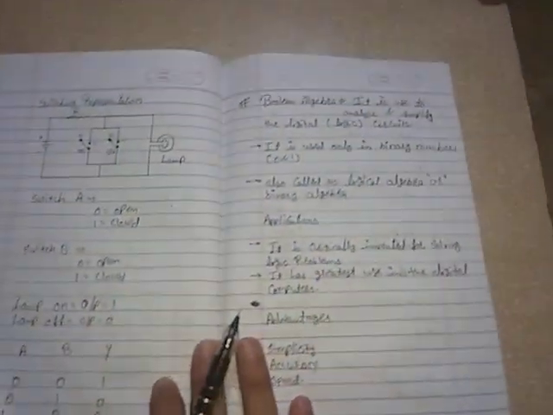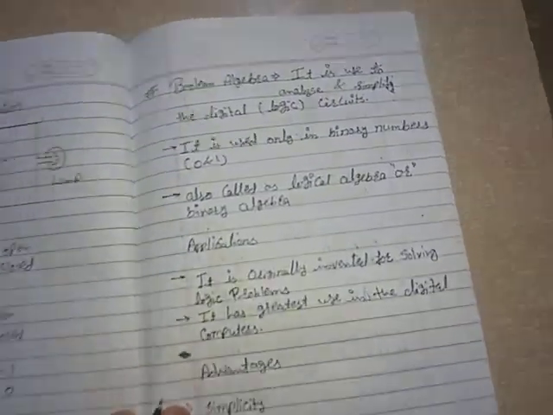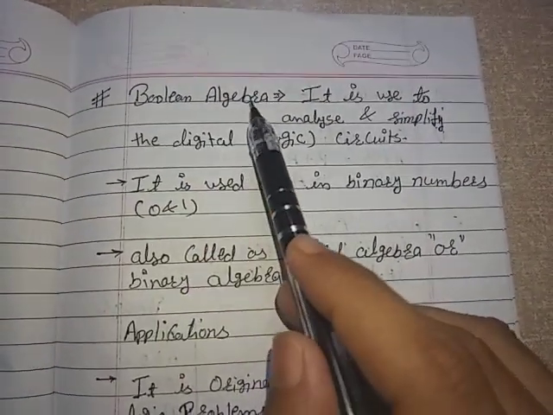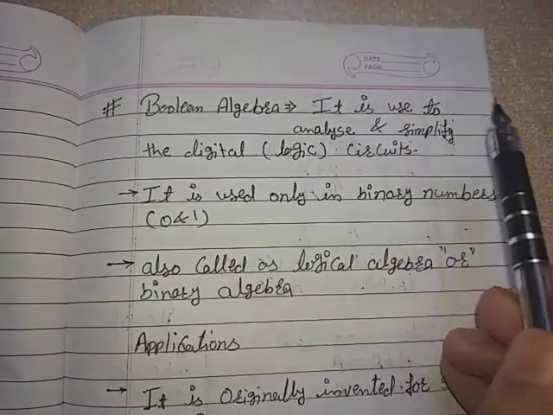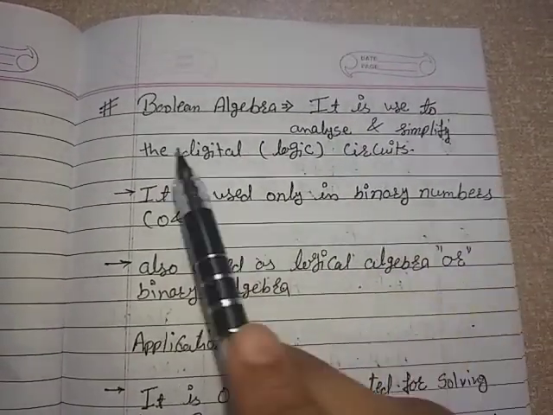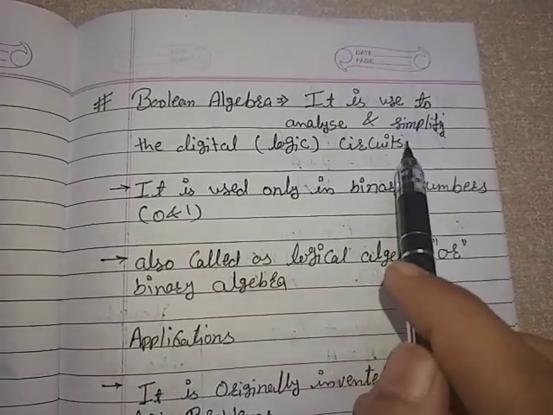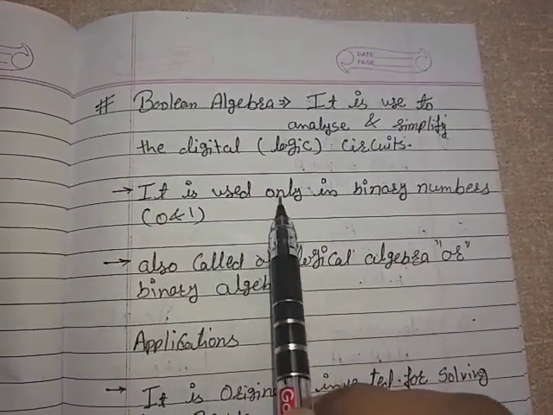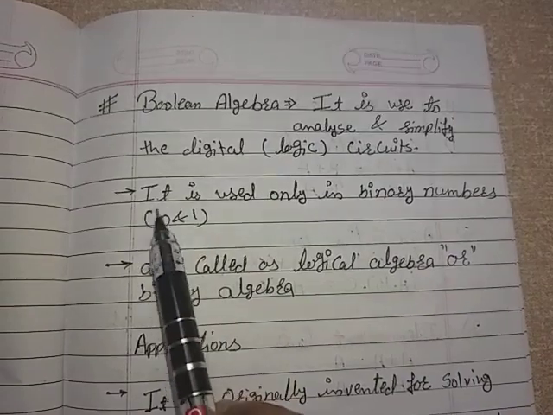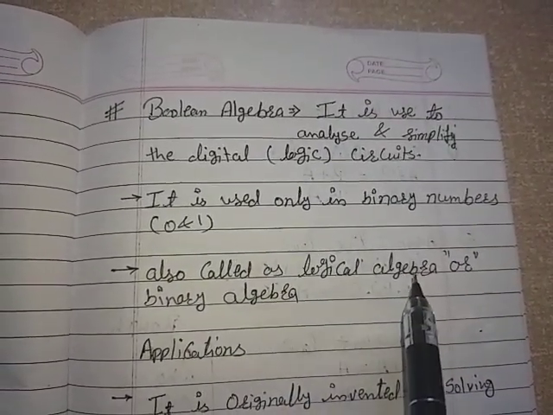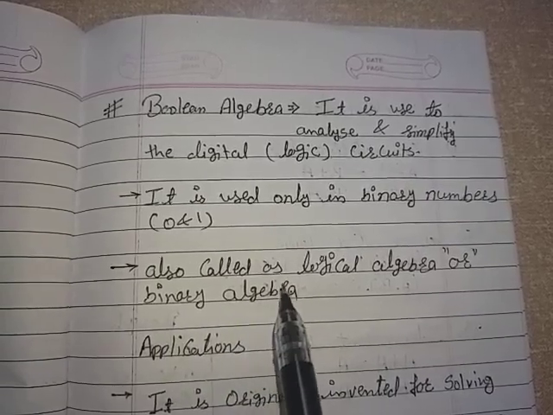Now let's move to the next topic, Boolean algebra. It is used to analyze and simplify the digital, or we can say logic circuits. It is used only with binary numbers 0 and 1. It is also called logical algebra or binary algebra.